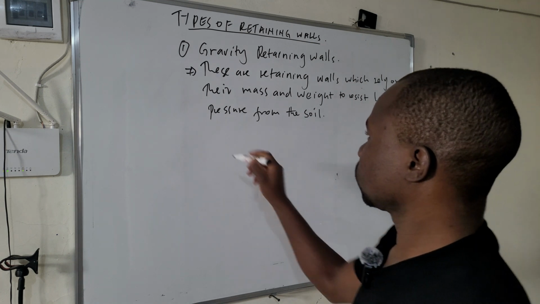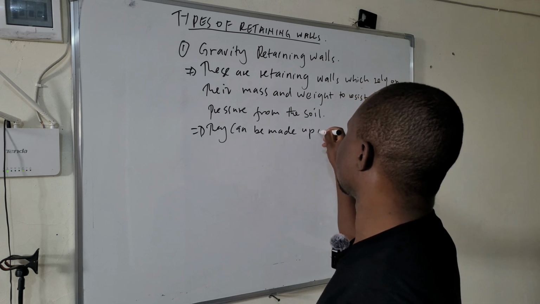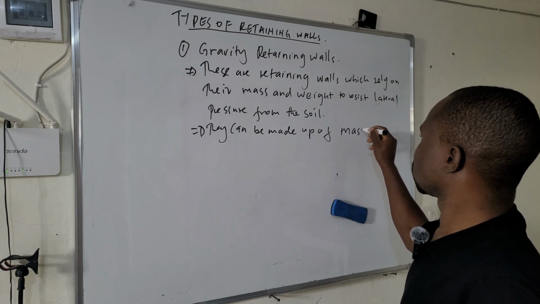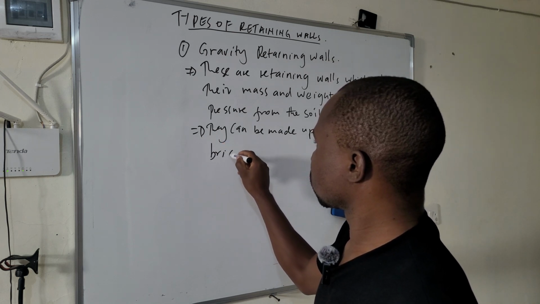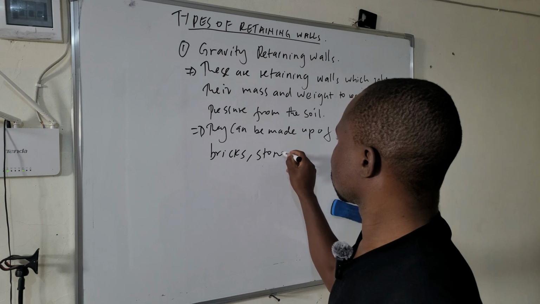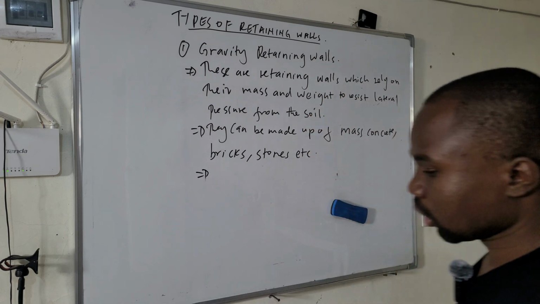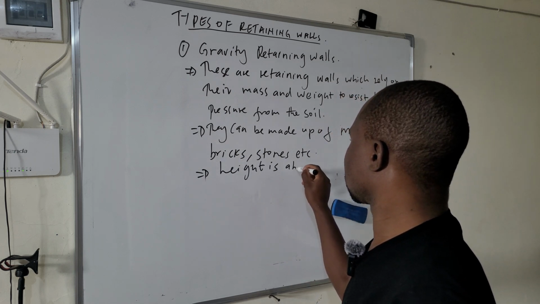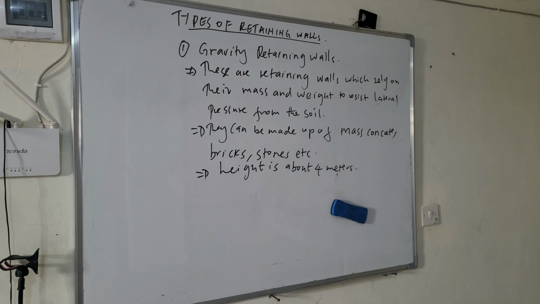So they can be made up of concrete, mass concrete, bricks, stones, etc. So their height is about 4 meters.